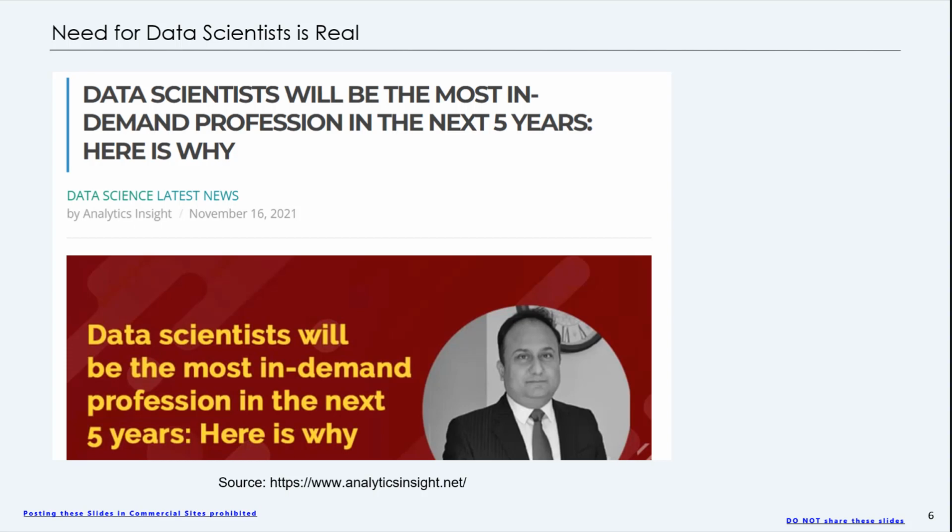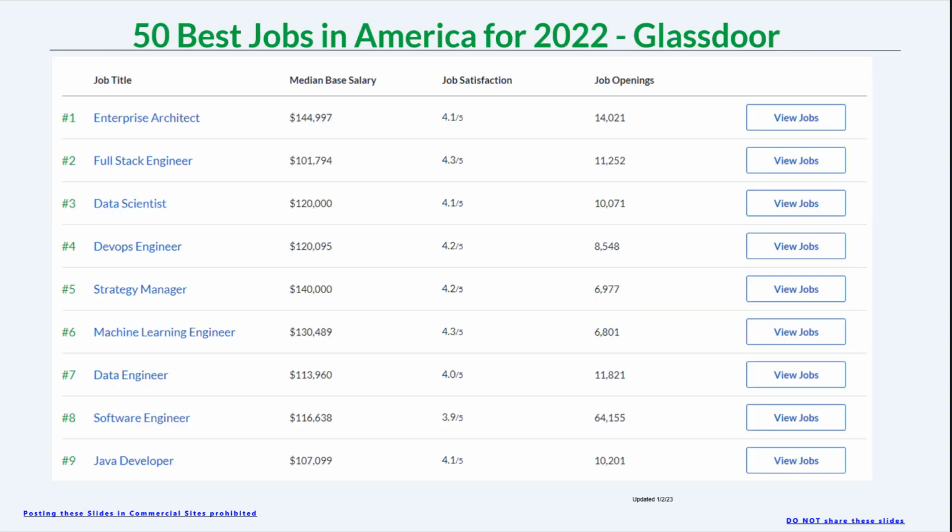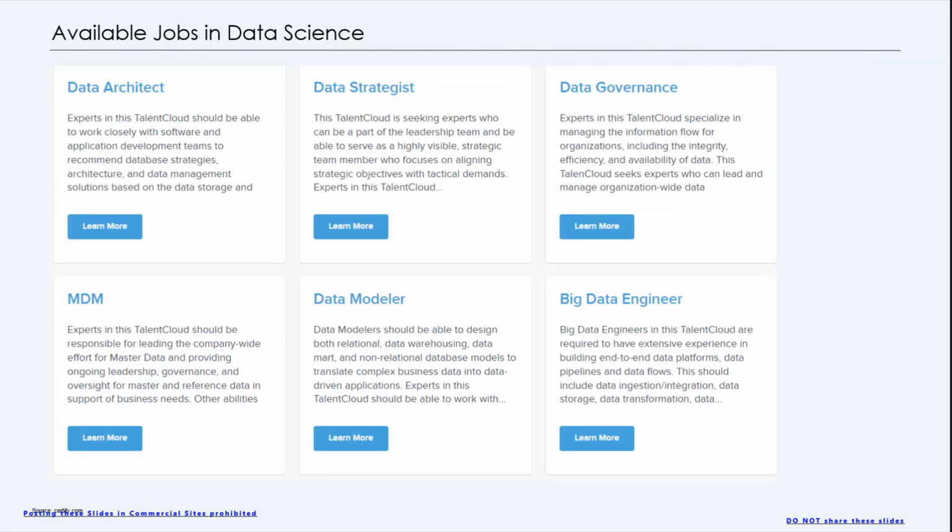So the need for data scientists is real. Data scientists will become the most in-demand profession in the next 5 years, according to scientists and analysts. This is from a 2021 article. And some of the best jobs in the US, according to Glassdoor, data scientist number 3. And you can see that. Just go to Glassdoor and search for data science jobs. You will find tons of them.